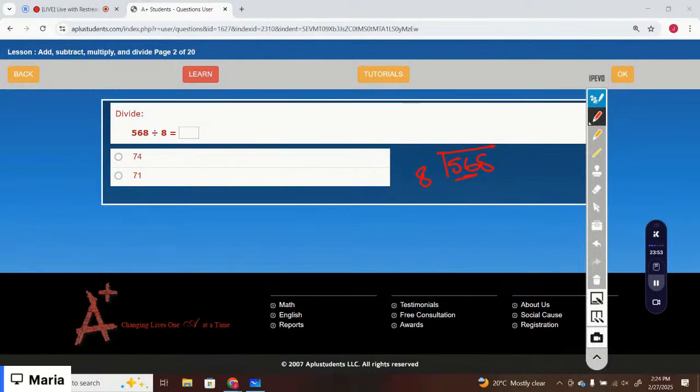You need to count a table of 8 until 78. 8 times 7 is 56. You need to bring 8 down. You can go for 8 times 1 is 8. So that is 71. Option number 2 is the correct option.